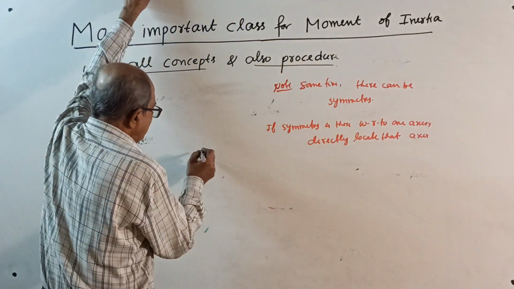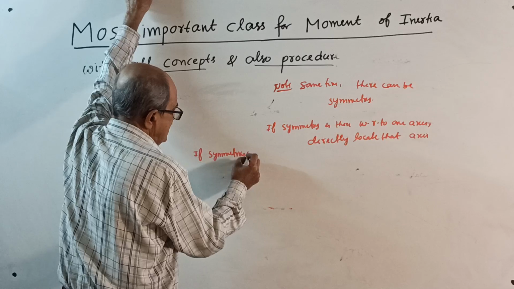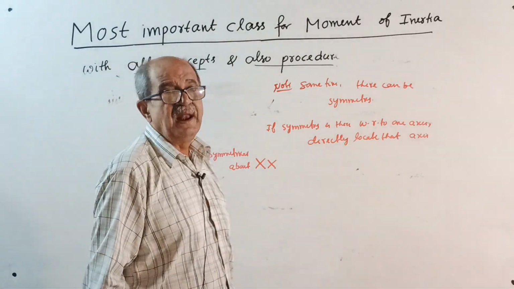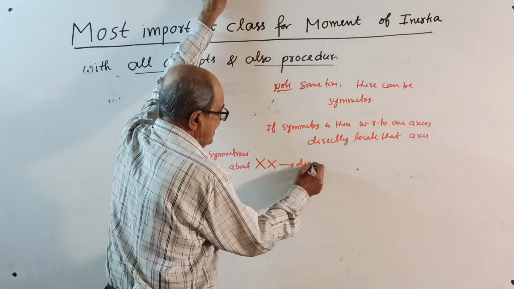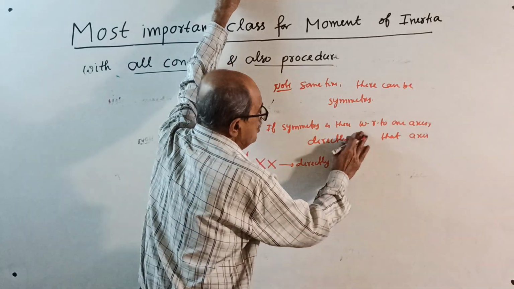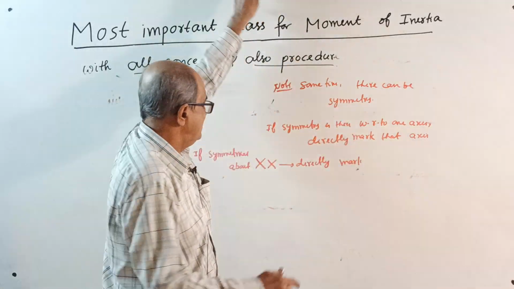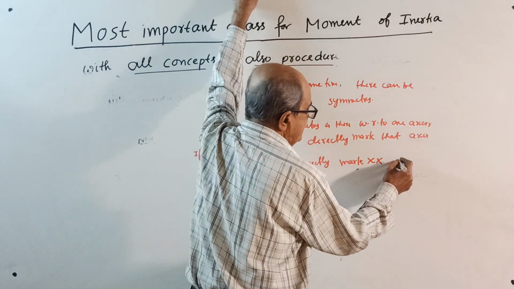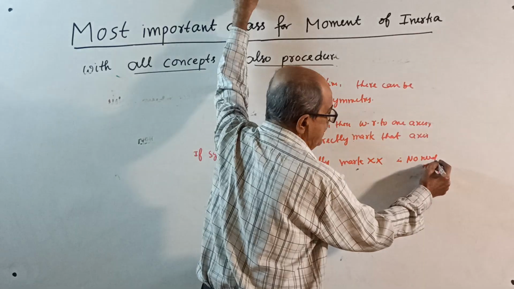If the given lamina is symmetrical about the XX axis, then directly mark XX, no need of X bar, Y bar calculation.